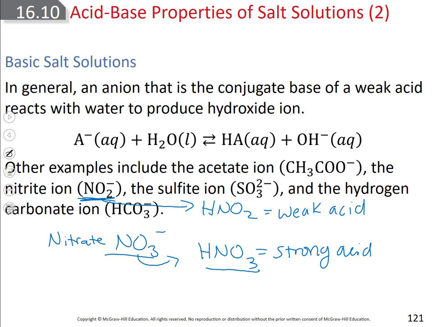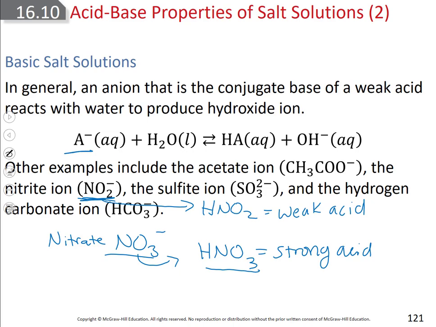In other words, if you have a negative ion that is the conjugate of a weak acid, then you will have a basic salt solution. Wait, so weak acid is a strong conjugate base? Yes. Weak acids make strong conjugate bases.